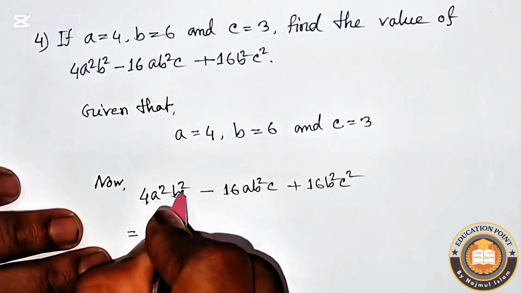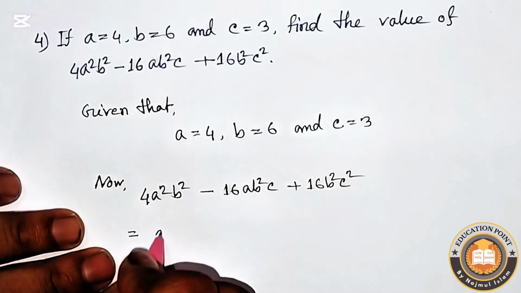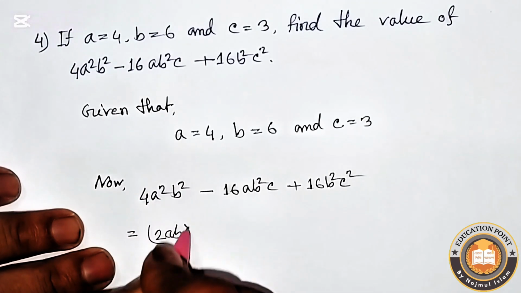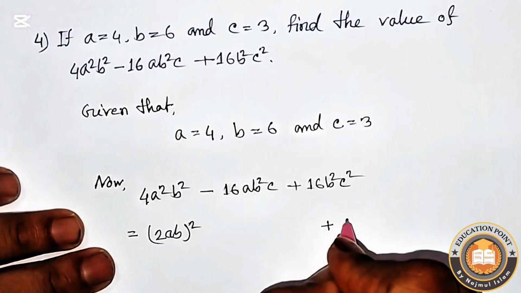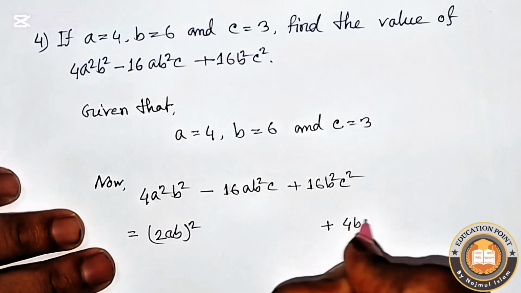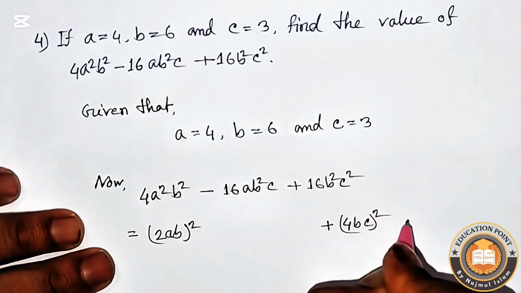At first, 4a²b² is modified as (2ab)², then 16b²c² is modified as (4bc)².